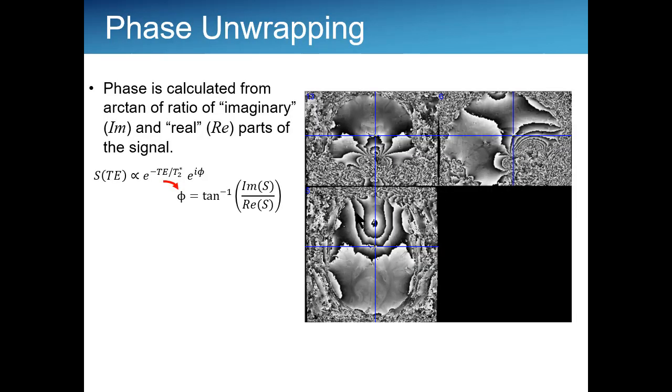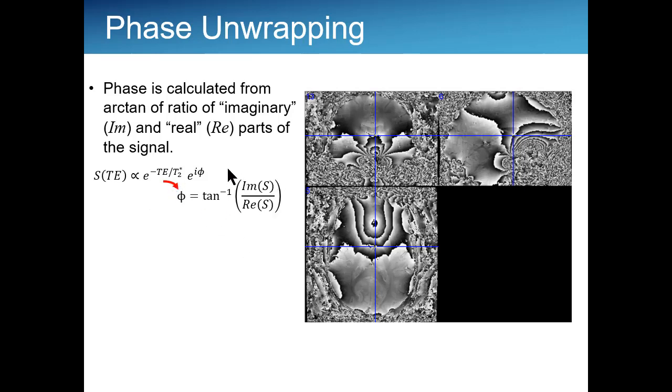So just briefly, if you look at a phase map on the scanner, this is what it looks like. It has these sharp bands appearing in it where the phase abruptly changes. The reason you get those is that you measure the phase by taking the arctangent of the ratio of the imaginary signal to the real signal, essentially finding the argument of the angle of the complex signal.